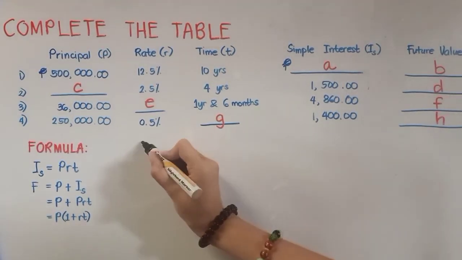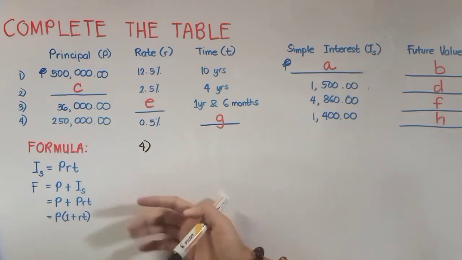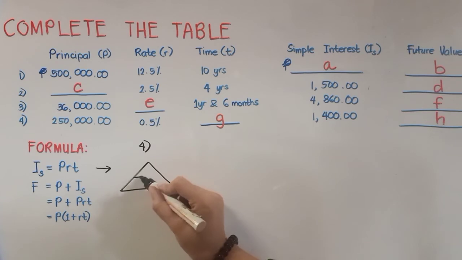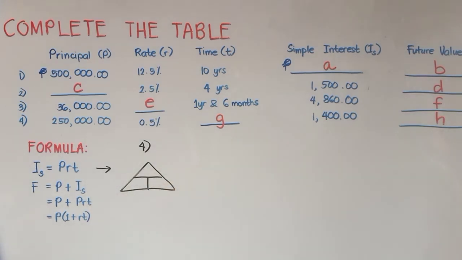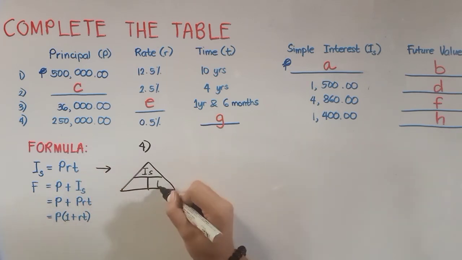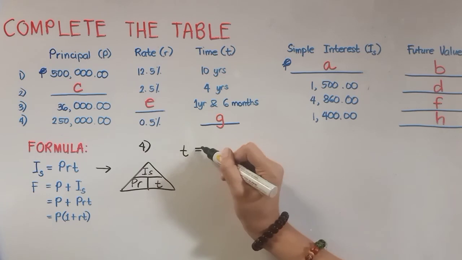Now for our last item, we are to get here our time. Since there's no formula for time, we have to convert it using this triangle method. Remember that what's on top is the simple interest, and make sure to isolate T on one side. Therefore, we have PR on the other side.